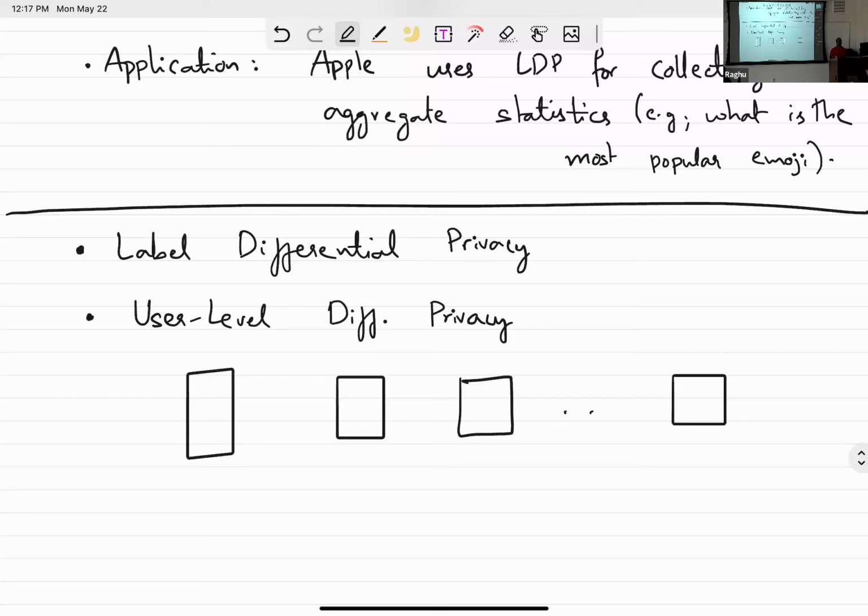And now you're trying to learn something on the aggregate data, but the labs don't trust each other. Within the lab, we don't care about the privacy, but across labs, across the hospitals, we do care. No hospital is going to willingly share their data with another hospital, but within the hospital, it's fine. So we have basically multiple sort of mini databases.